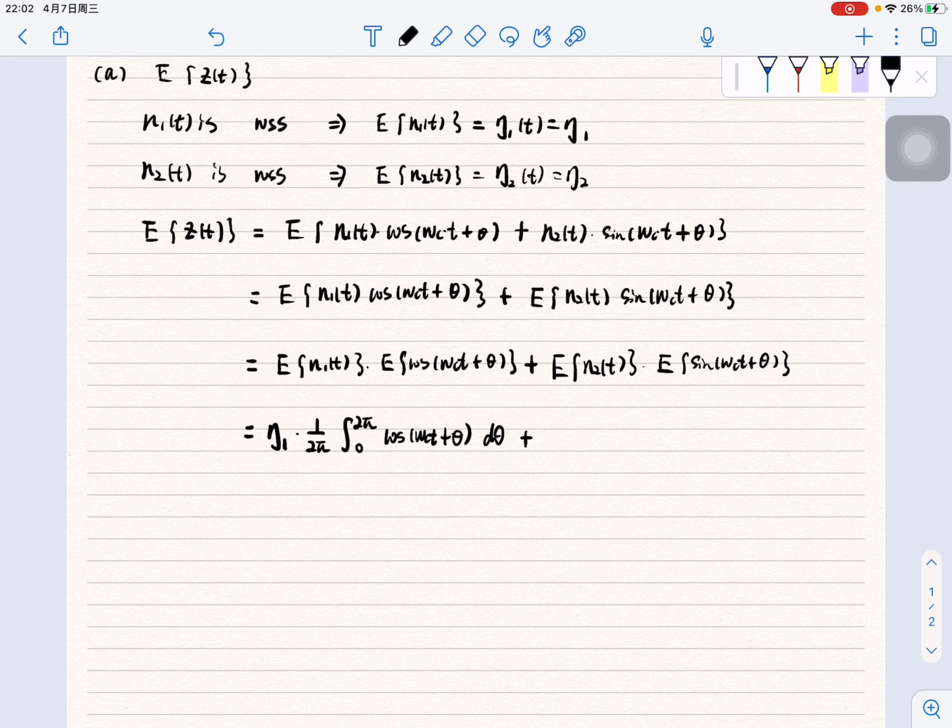The second term is eta2 multiplied by 1 over 2 pi, the integration from theta equals 0 to 2 pi, of sine omega c t plus theta. And then we can calculate the result is 0.